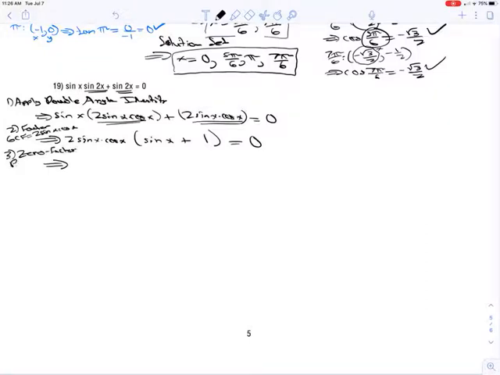Any factor, we're going to set equal to 0: sine x, cosine x, sine x plus 1. So that implies sine x can equal 0, or cosine of x can equal 0, or sine of x plus 1 can equal 0. And we can easily solve these.